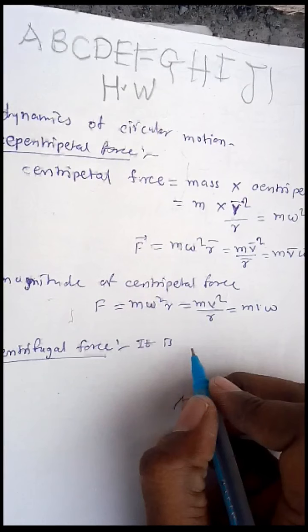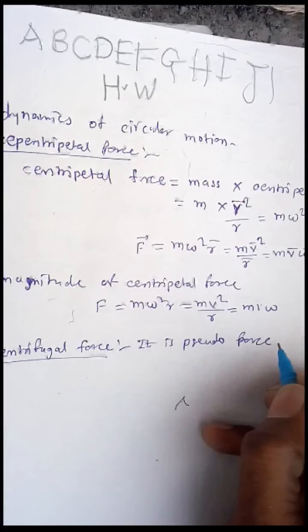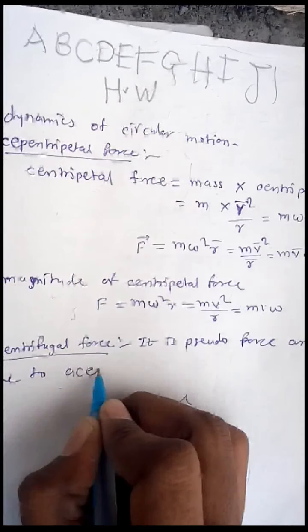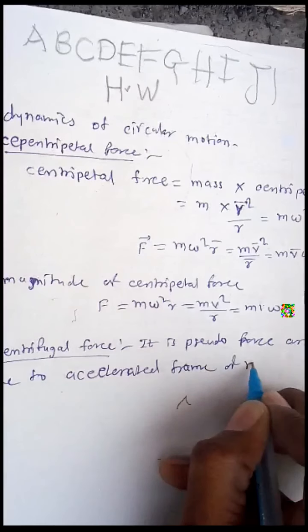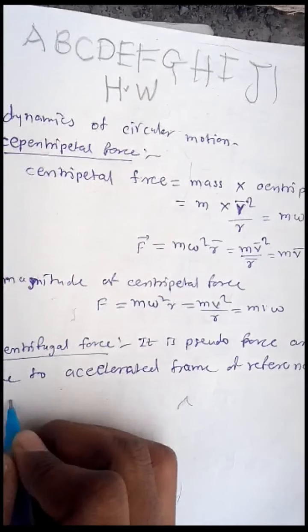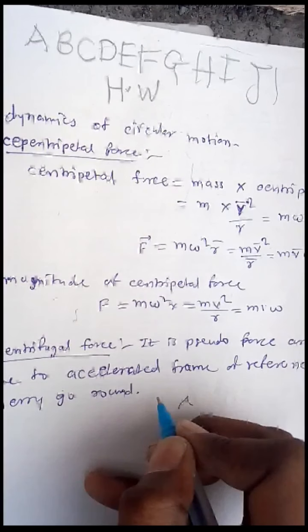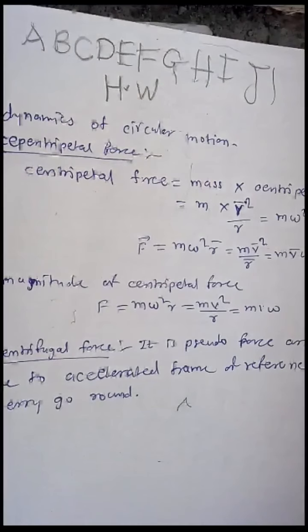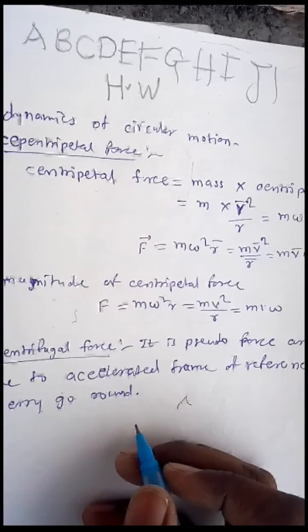It is a pseudo force, arising due to the accelerated frame of reference of the merry-go-round. So centrifugal force is not an imaginary force, not a real force. It is a pseudo force.